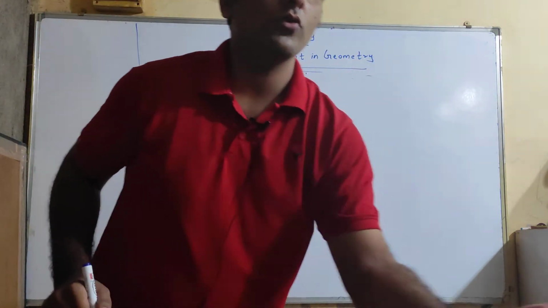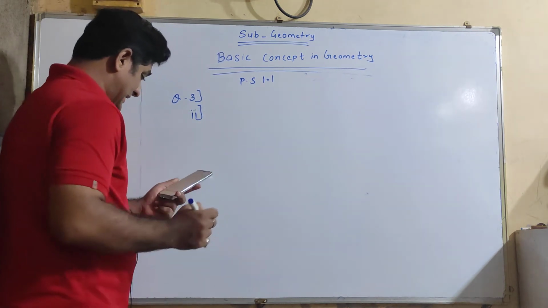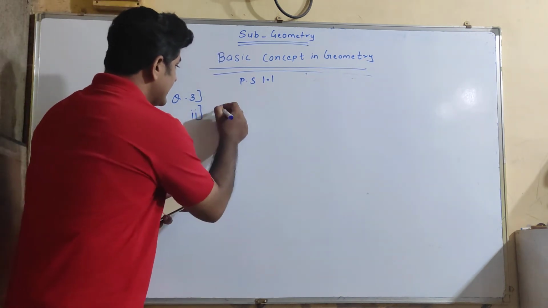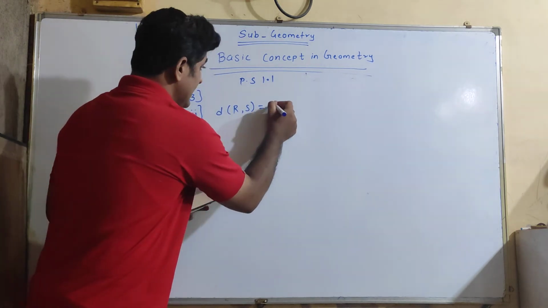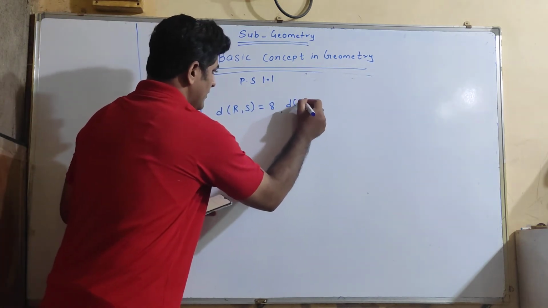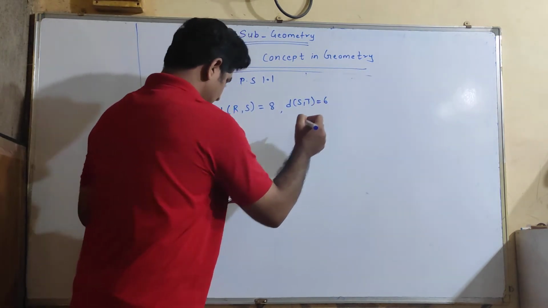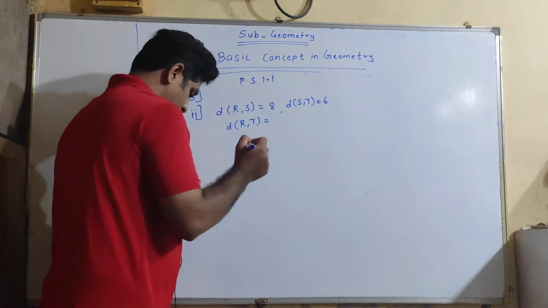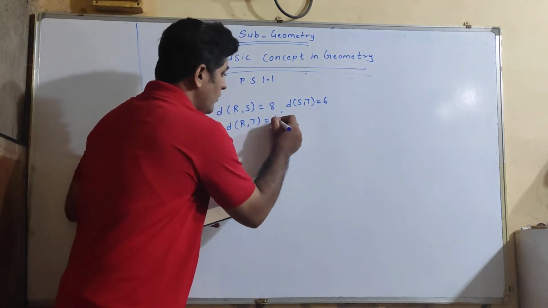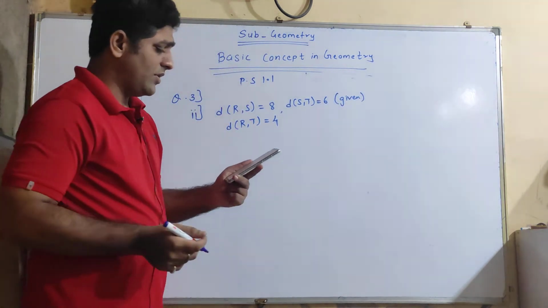From question number 3 I am taking, let's say, the second example. Distance RS is 8, distance ST is 6, distance RT is 4. Let's take this as given information.